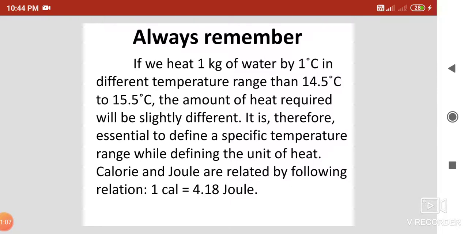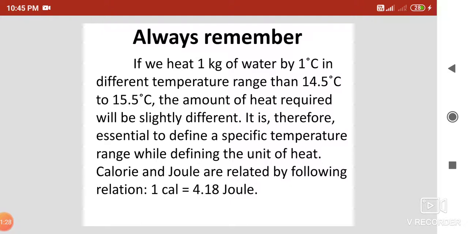So to get the correct answer, the temperature must be 14.5 to 15.5. Only during that temperature increase do we get the correct amount of heat required to raise the temperature by 1 degree Celsius, or 1 calorie of heat.